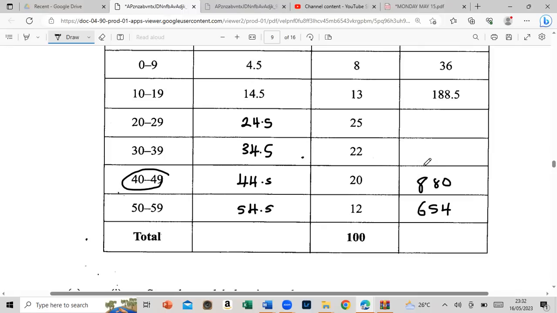And then you have 22 times 34.5, which is 759. And you continue like that. For the last one, it will be 25 times 24, which works out to 612.5. So there we have it. We complete the table what they asked us to complete.